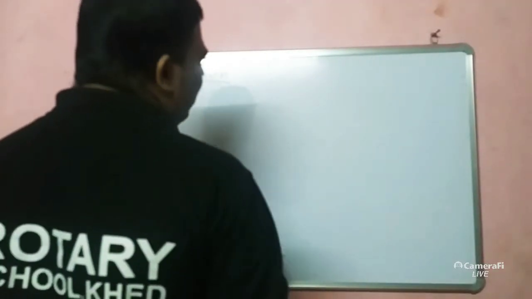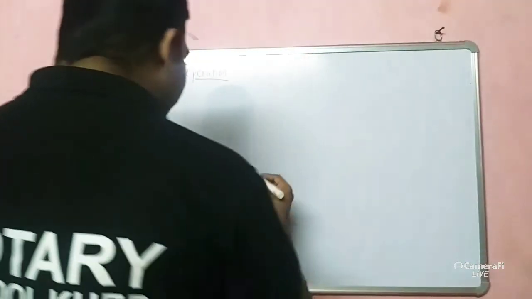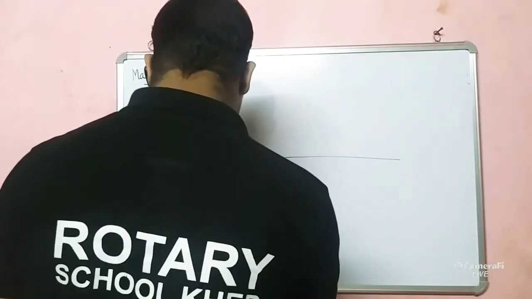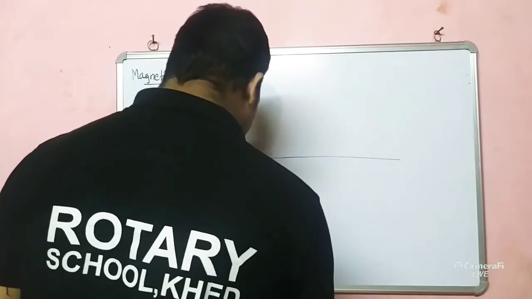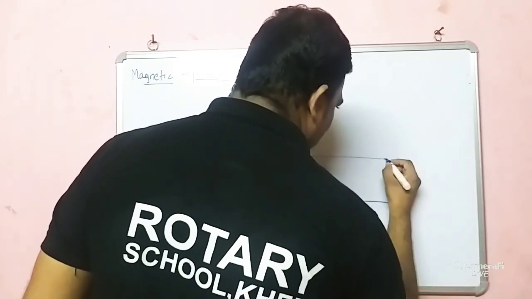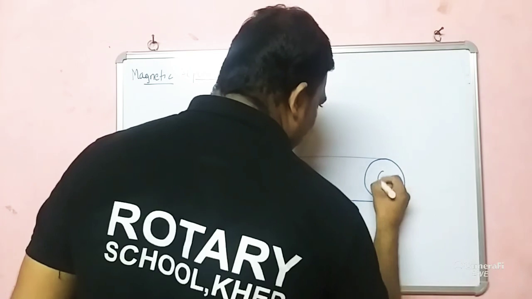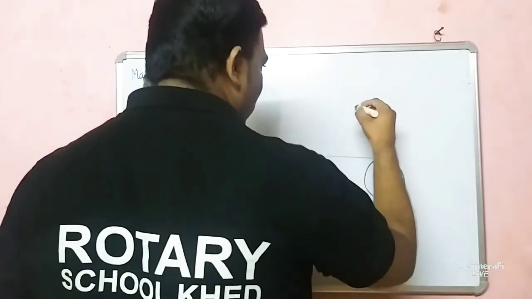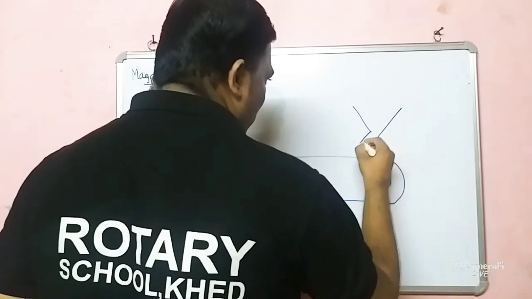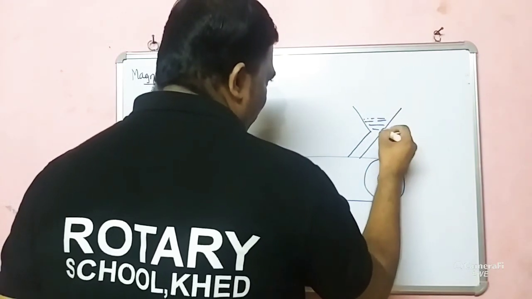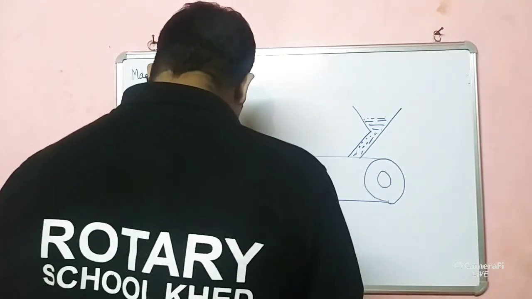So we need to draw a diagram here. Suppose this is a magnetic roller, and there is a conveyor belt as well.